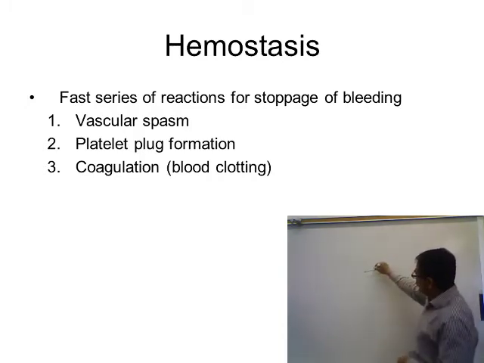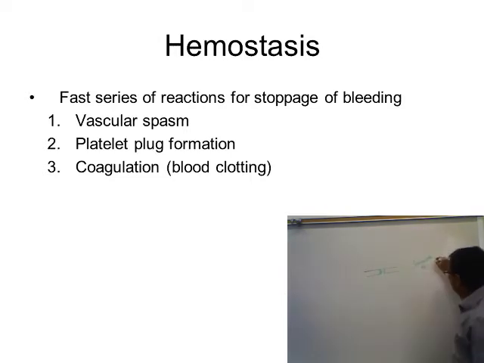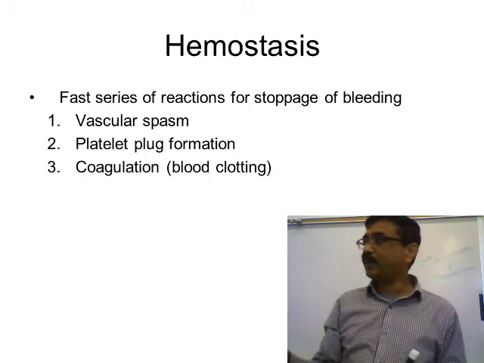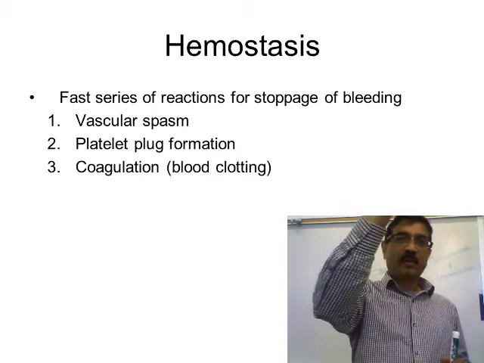In the wall of the blood vessel, you have smooth muscle fibers, and contraction of smooth muscle causes constriction of the lumen. So contraction of the smooth muscle in the wall of the blood vessel causes constriction of the lumen.